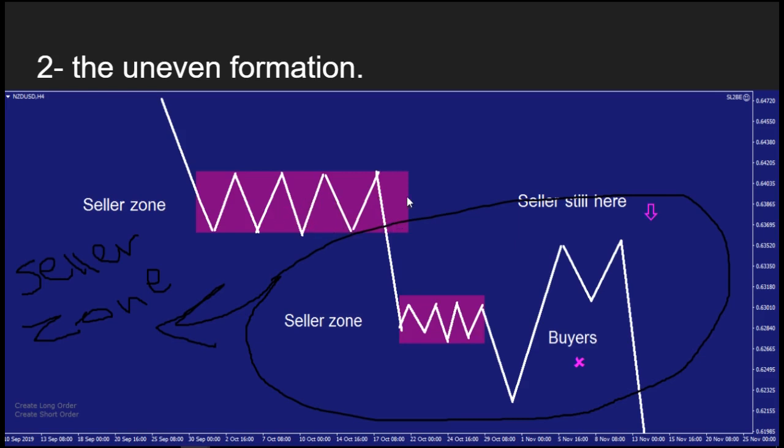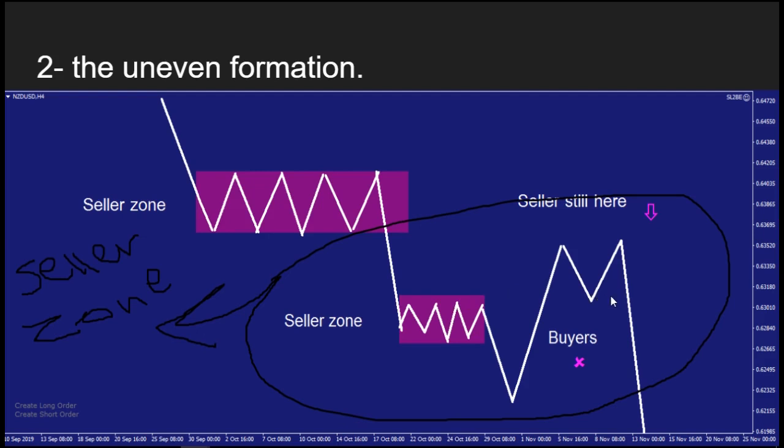When the market reaches the second seller zone here, I see if I have a selling position. If I have it, I will be on board with this leg here. I will also be cautious when we reach here, because the buyers came in strong and took over this zone. That means they might come back from here.